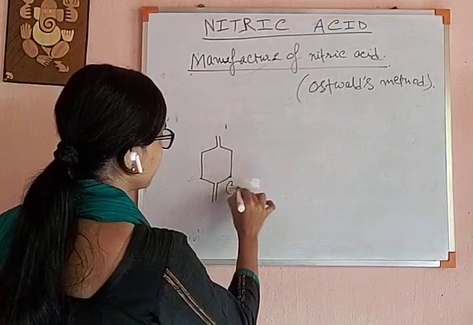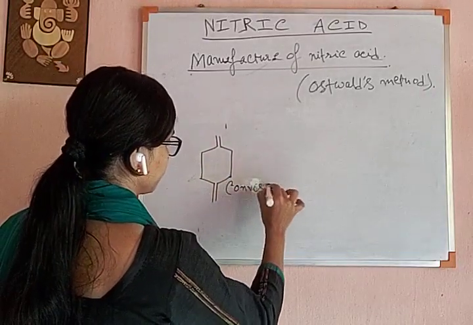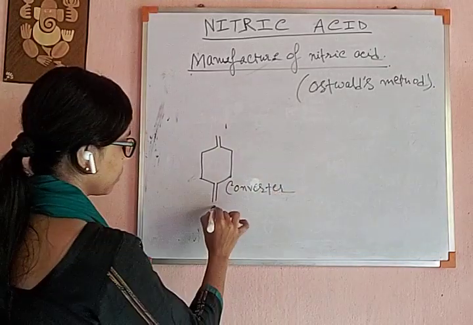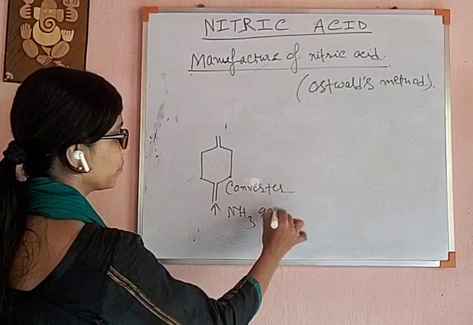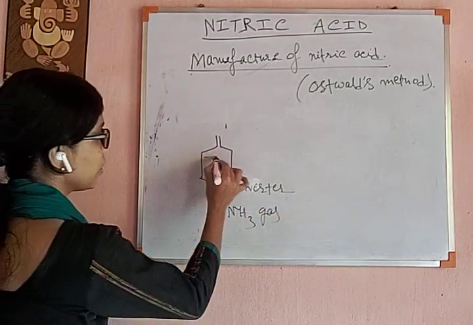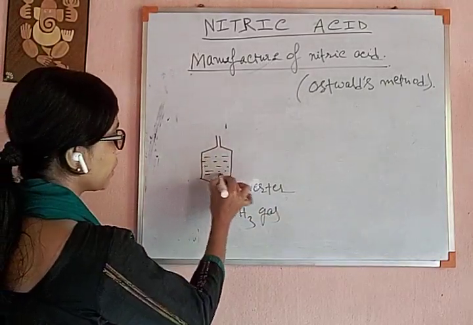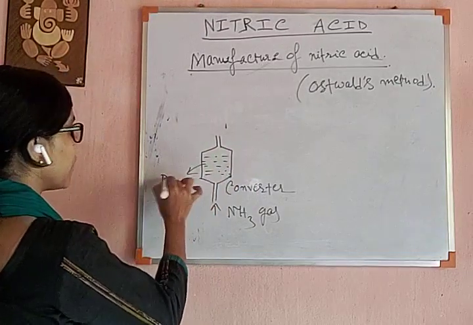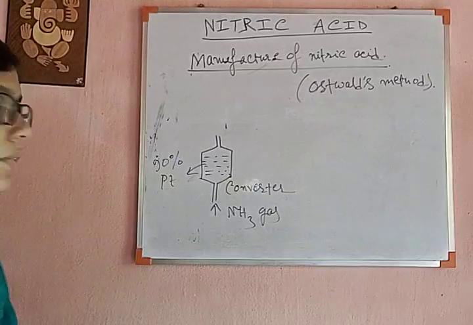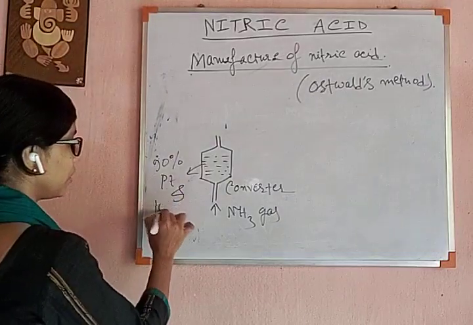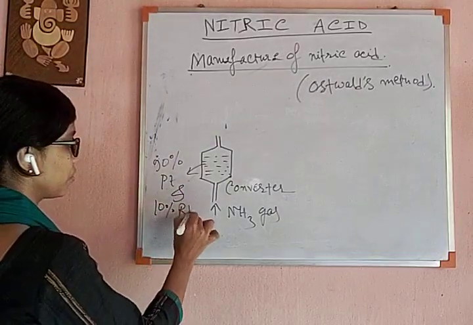This is the converter, and we are giving ammonia gas here. We are putting ammonia gas here, and here is the catalyst, platinum, which consists of 90% platinum and 10% rhodium.